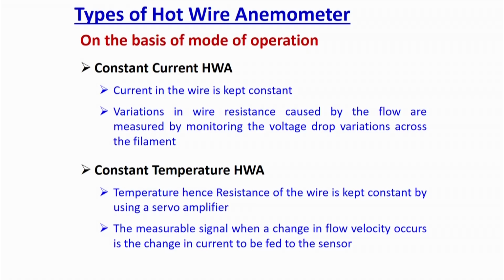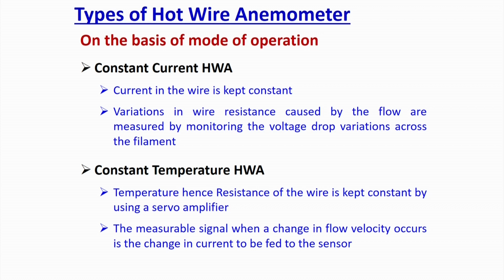As I discussed in the circuit, you are going to see the change in the resistance, and that change in the resistance can be recorded in terms of the change in the current. Based on the mode of operation, the hot wire anemometry is mainly divided in two parts. One is called constant current hot wire anemometer, and the second one is called constant temperature hot wire anemometer.